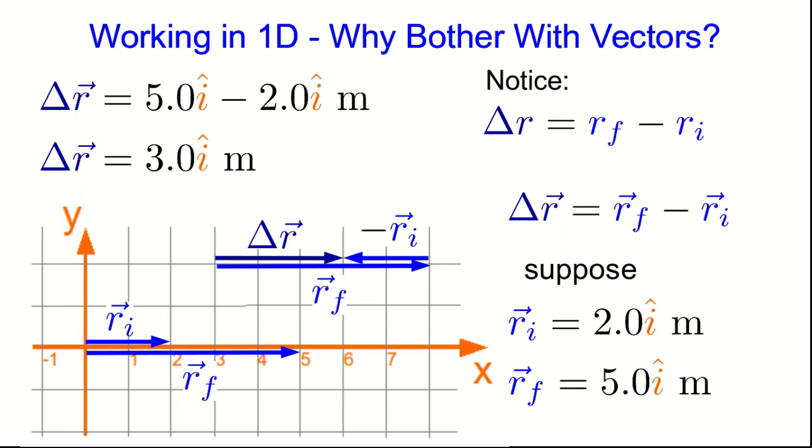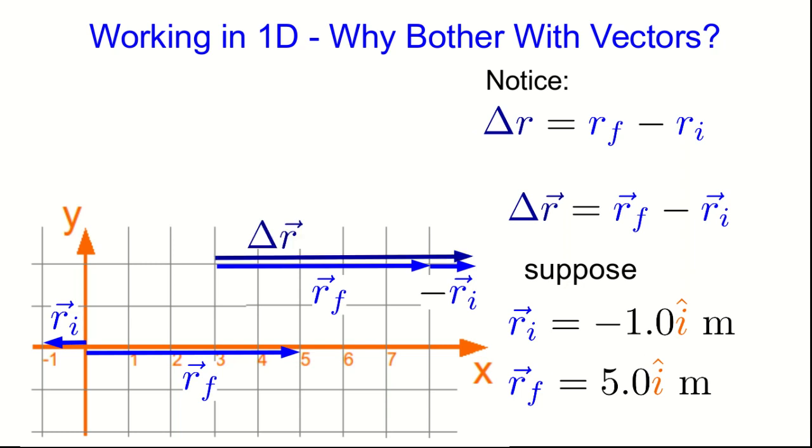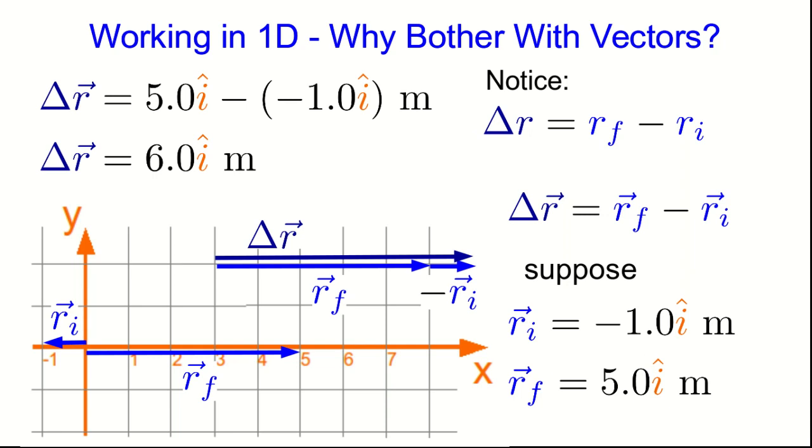Well, to answer that, I'm going to keep working by example. I'm going to take the initial position vector and change it to negative 1 meter i hat. So now the vector subtraction looks like this, and delta r is here. So in numbers, that's like this.